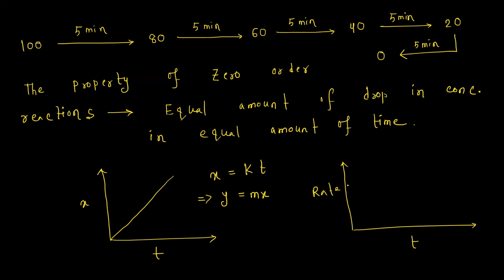We will find a straight line that is parallel to x-axis, because the rate is equal to k multiplied by concentration power 0. So as time progresses, the rate of the reaction will not be changed for a zero order reaction.